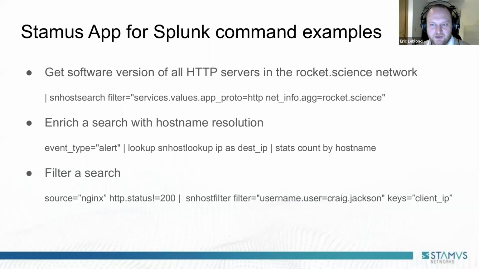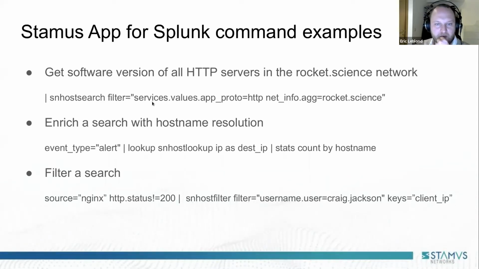So let me give you some examples. One of the commands that we introduced in the Stamus app for Splunk is the sn_host search command, which will produce JSON entries corresponding to the hosts that match the filter you put in.